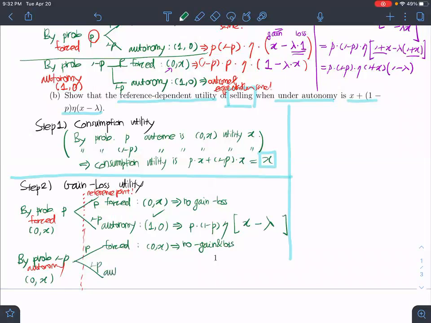With 1 minus P, I'm in the autonomy case. We have 1, so now we have an outcome which is different from my reference point. So my utility in this case will be, I'm sorry, 1 minus P times 1 minus P times eta. Maybe I was too fast here. This first 1 minus P comes from here, and this 1 minus P comes from here. Okay.